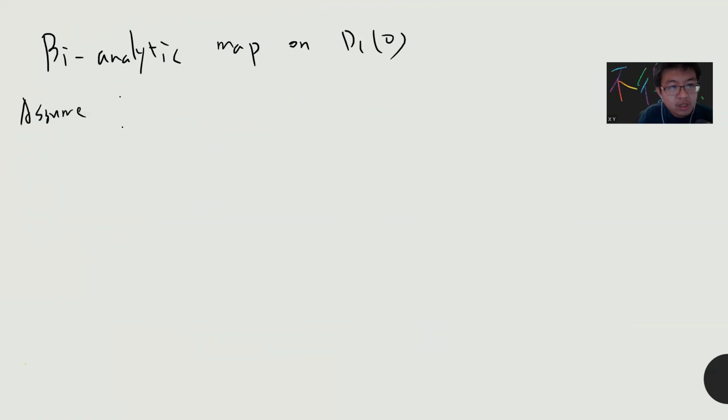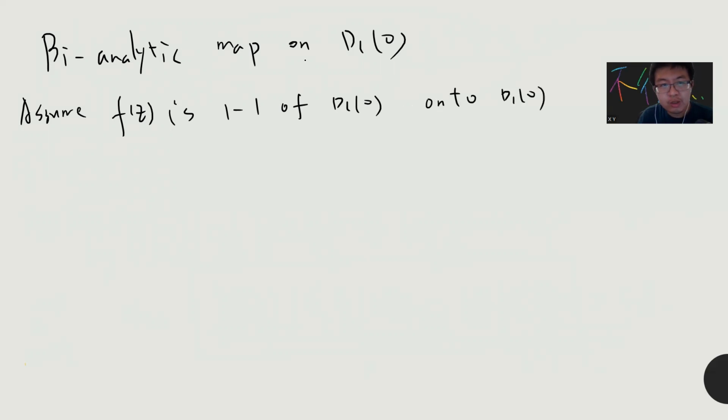So the idea is that, okay, this is a proof. Hope you guys understand. There's an application I think is also interesting, so let me just highlight this application. This is called the bianalytic map on D. Assume f of z is one-to-one on D, and onto D. So it's one-to-one and onto, so it's bianalytic, right?